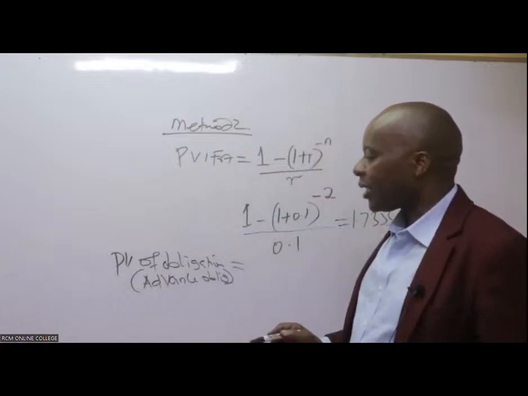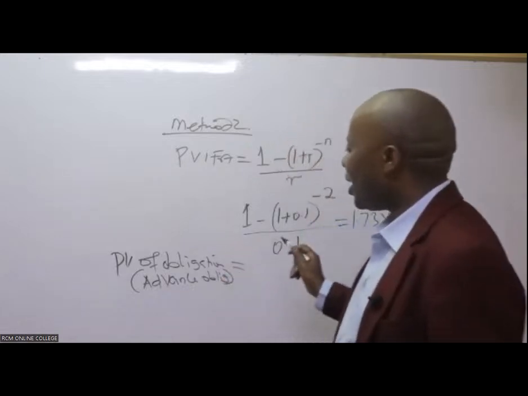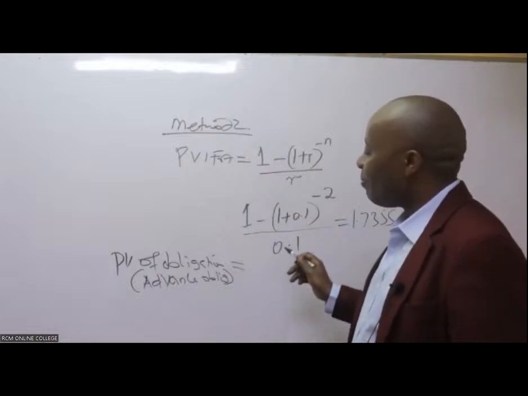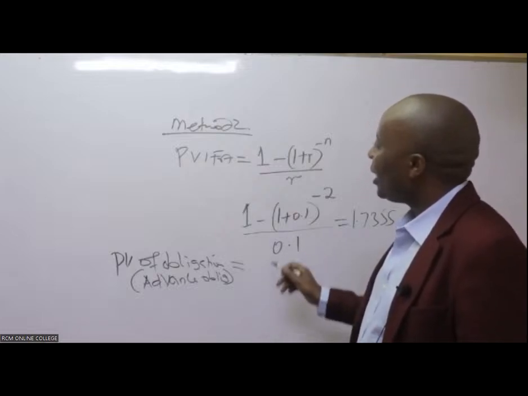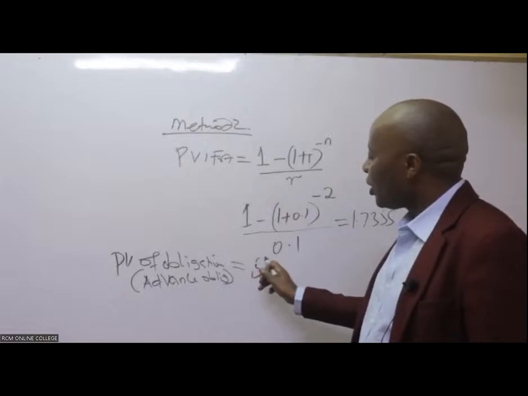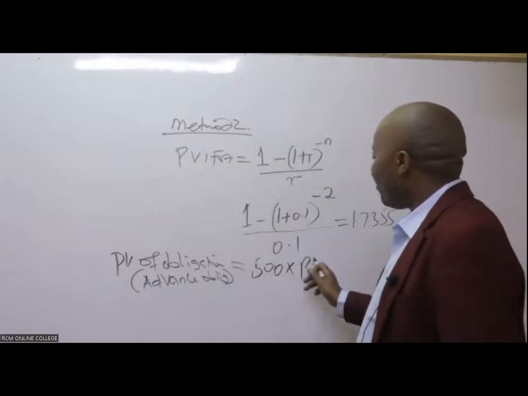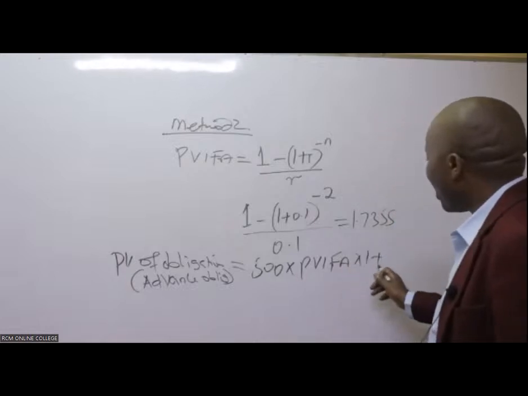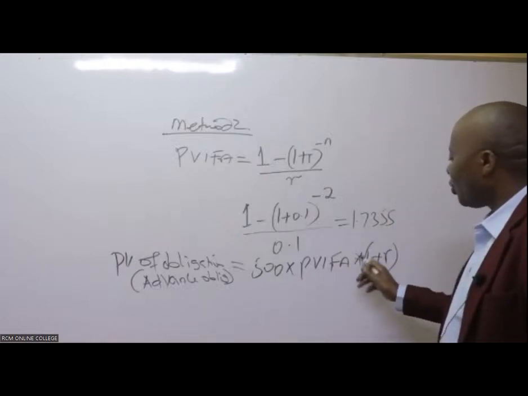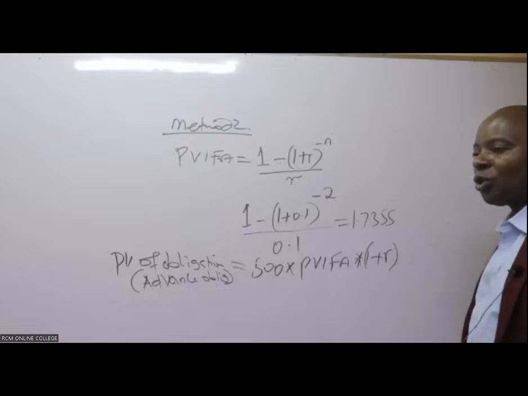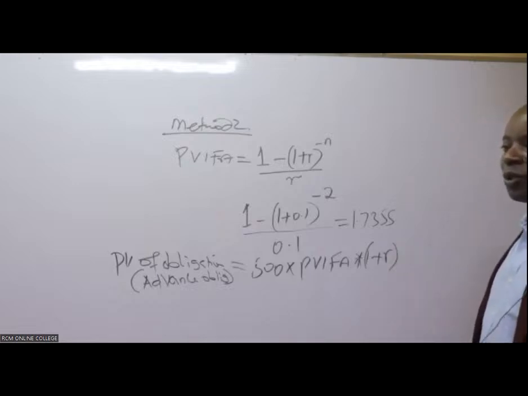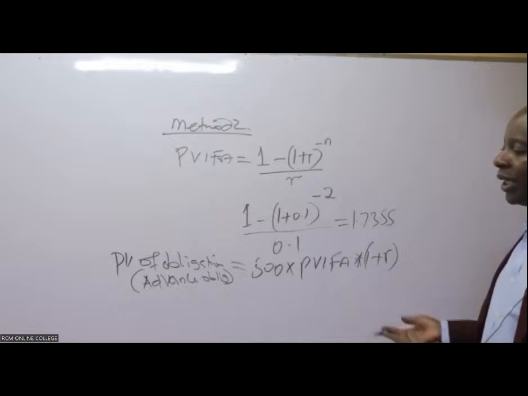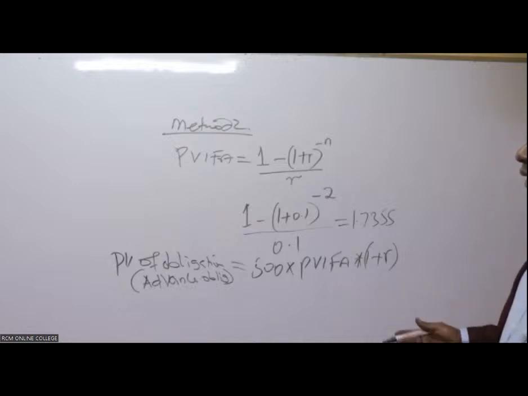So the present value obligation for the advanced payment, I will take the lease rental, which is 500, multiplied by PVFA, multiplied by 1 plus R. This is what you were taught in those old days when there is an advance payment.